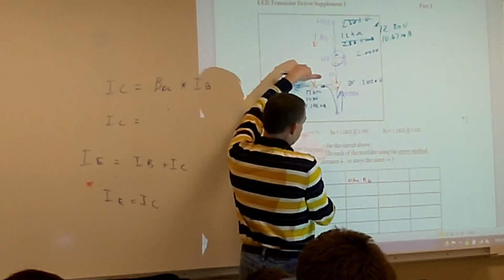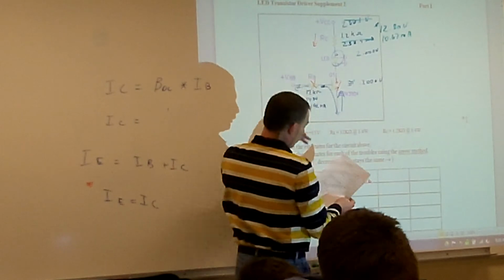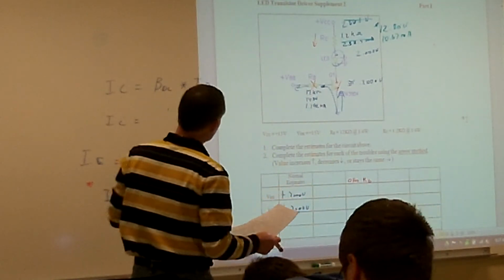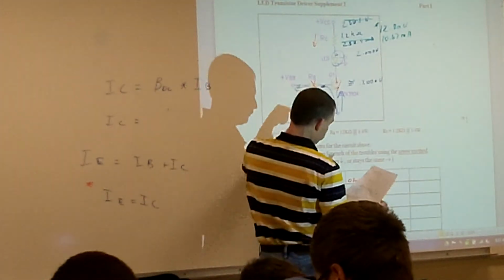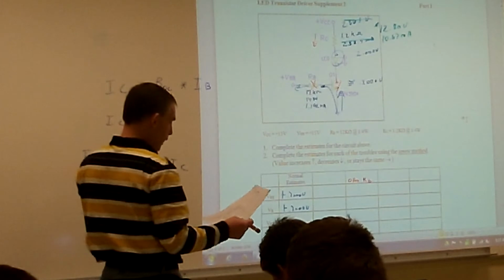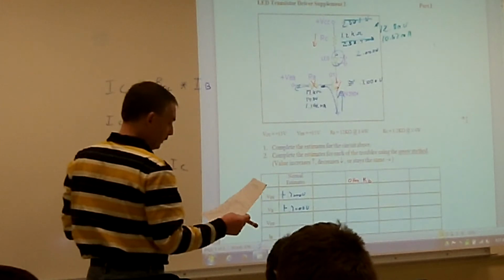Then we'll use the arrow method to do the troubleshooting. So if I have an open RB, meaning my base resistor opens up, what would happen to my voltage from B to E then?